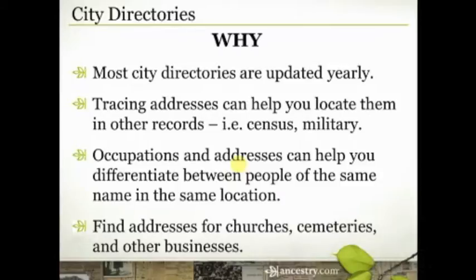City directories will have addresses for those churches and the cemeteries and the other businesses that were in existence when your family lived there. And so if you're looking for a relative in a cemetery, start with the cemeteries listed in the city directory when they were living there. Because a lot of times the cemeteries that you are thinking about or that you're familiar with didn't exist when your ancestor lived there. They're newer than that. And so this will help narrow your search a little bit.